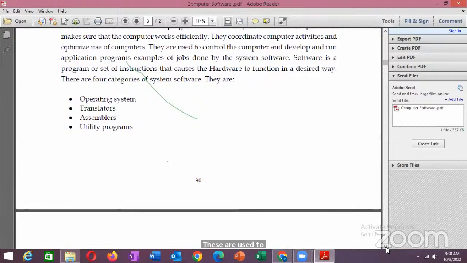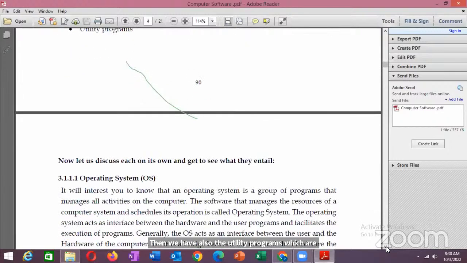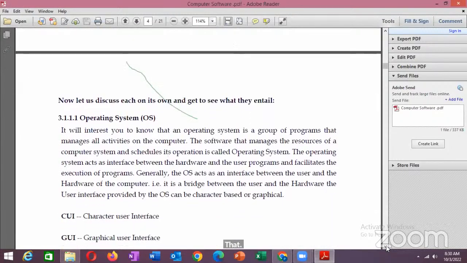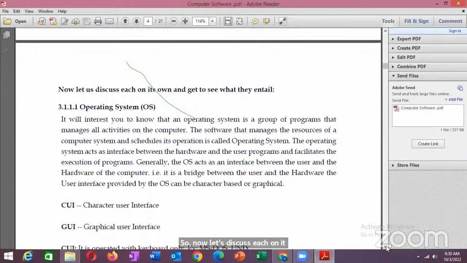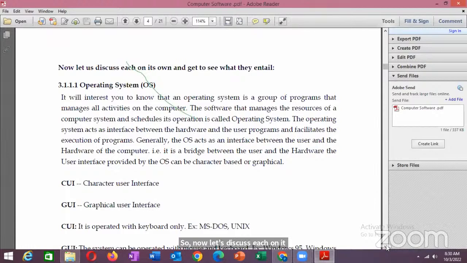Assemblers are used to convert low-level languages, that is assembly language, into machine code. Then we have the utility programs, which are very important. So now let's discuss each on its own and see what they entail.